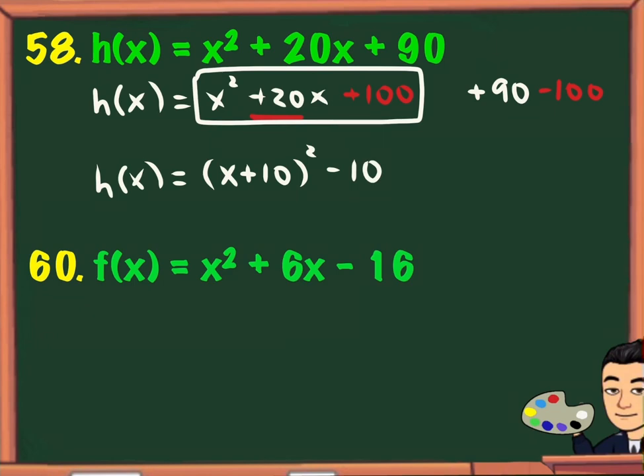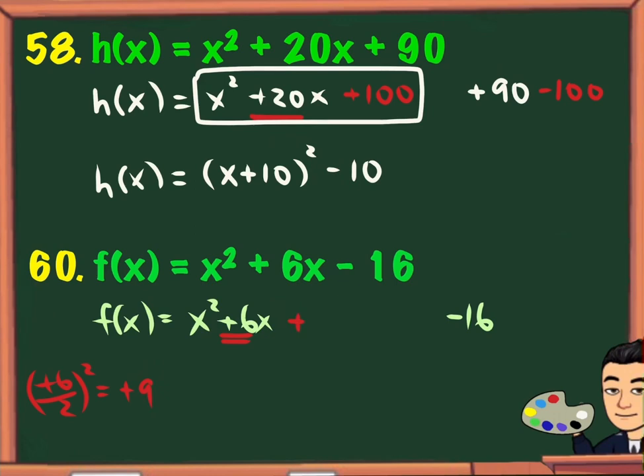So same thing for number 60. f of x is equal to x squared plus 6x minus 16. So rewriting that, I'm going to find out the new c value. Positive 6 is my b value, so divide by 2, and you square it. That's going to give you positive 9.